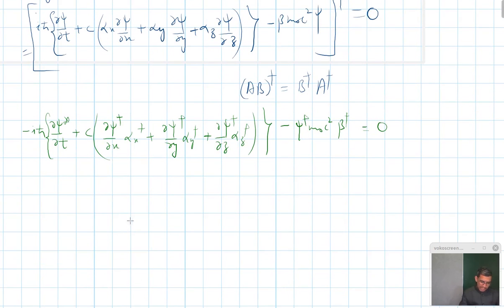But alpha k and beta are Hermitian, which implies that alpha k dagger is equal to alpha k and beta dagger is equal to beta.